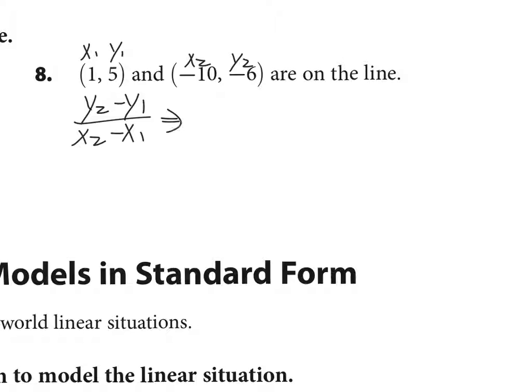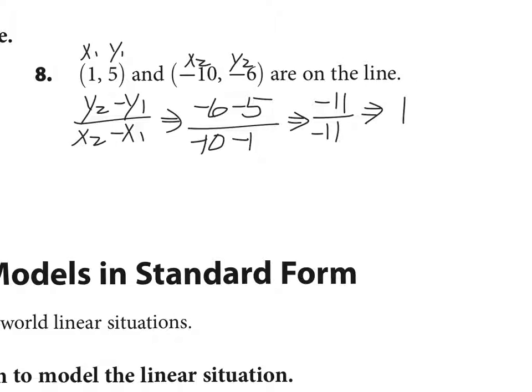I'm going to plug those in the formula. So negative 6 minus 5 over negative 10 minus 1. That gives me negative 11 over negative 11, which is a positive 1. So there's my m. This time I'm going to use point-slope form. In this case, I'm going to use these because I don't like negatives if I can avoid them.